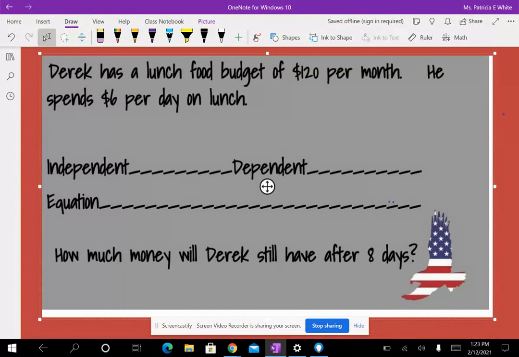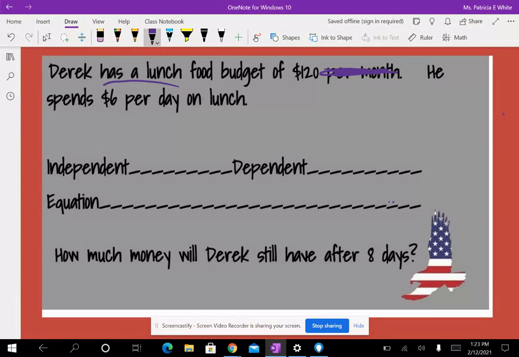All right, Derek has a lunch food budget of $120 per month. So his monthly budget, I'm going to take that out. So for the entire month, he gets $120. He spends $6 per day on lunch.